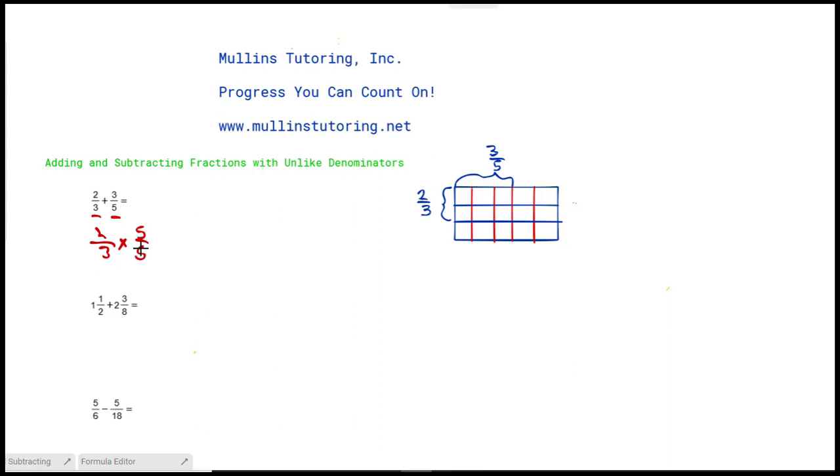And when we convert equivalent fractions, the number that we multiply by is always going to be the same in the numerator and denominator because that's the same as multiplying by 1. 5 times 2 is 10. And 3 times 5 is 15. So my 2/3 is going to become 10/15.